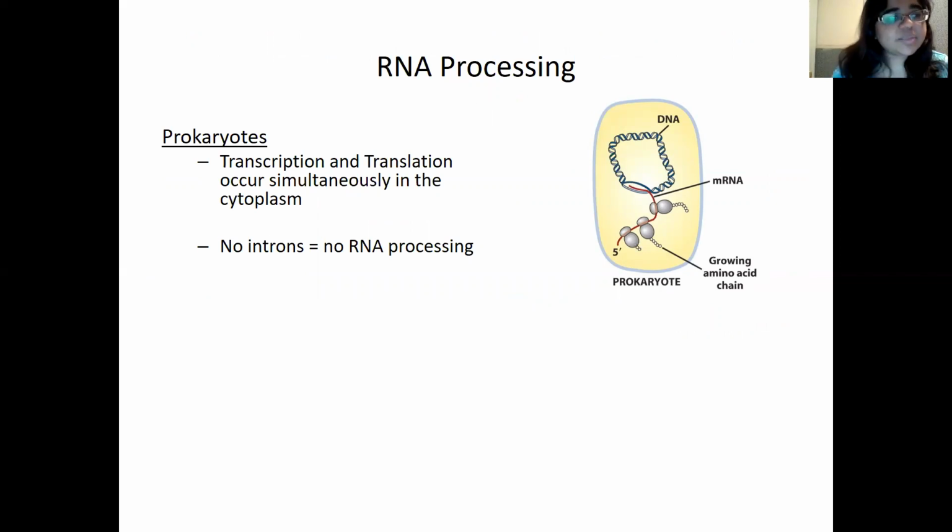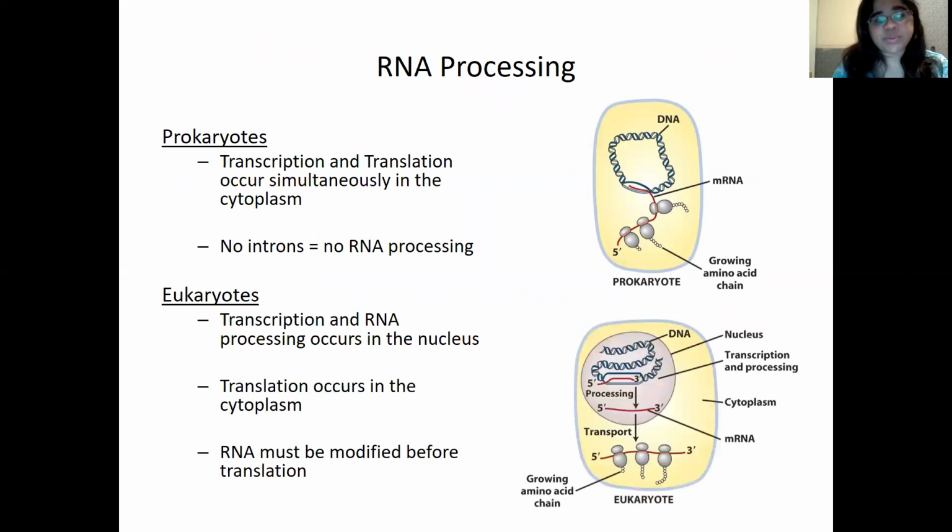This processing method is actually only found in eukaryotes, because in prokaryotes we do not have introns, right? So we know that these RNAs have to be modified. How do we modify them?